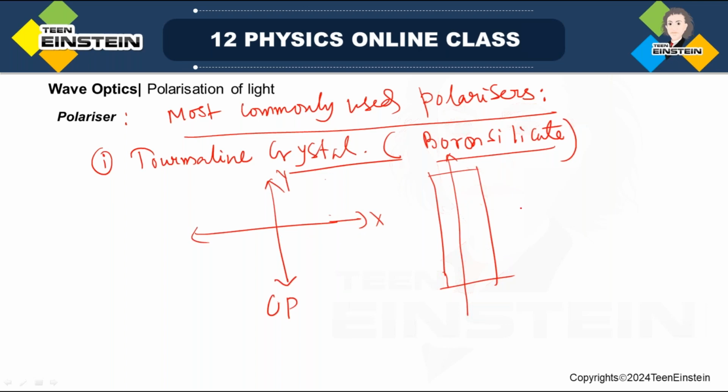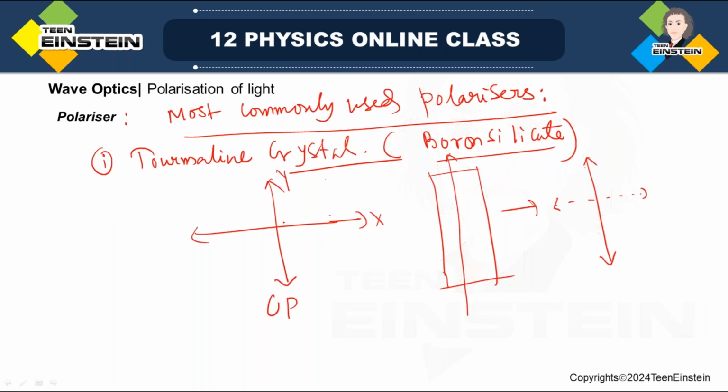Now upon passing through this crystal, you will have only this light vector, and the component perpendicular to the pass axis or optic axis will be absorbed by the crystal itself. So the optic axis or pass axis of a tourmaline crystal is that particular axis along which the electric field of the unpolarized light will pass through the crystal.